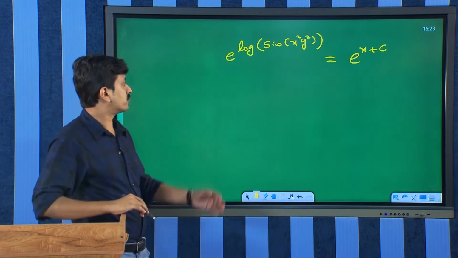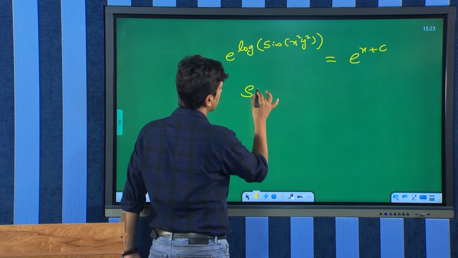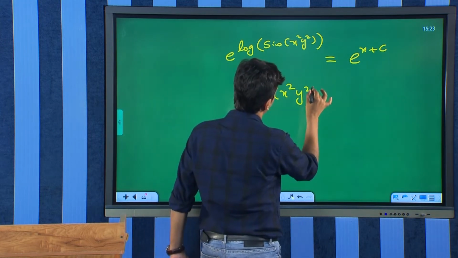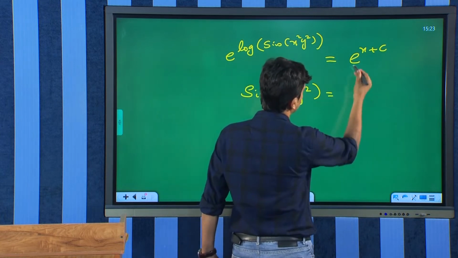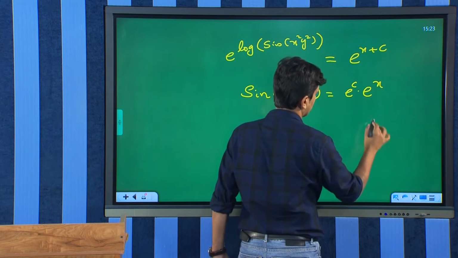Therefore, e and log will cancel. Finally, we will have sin of x square y square is equal to e raised to x plus c, that is e raised to c into e raised to x.